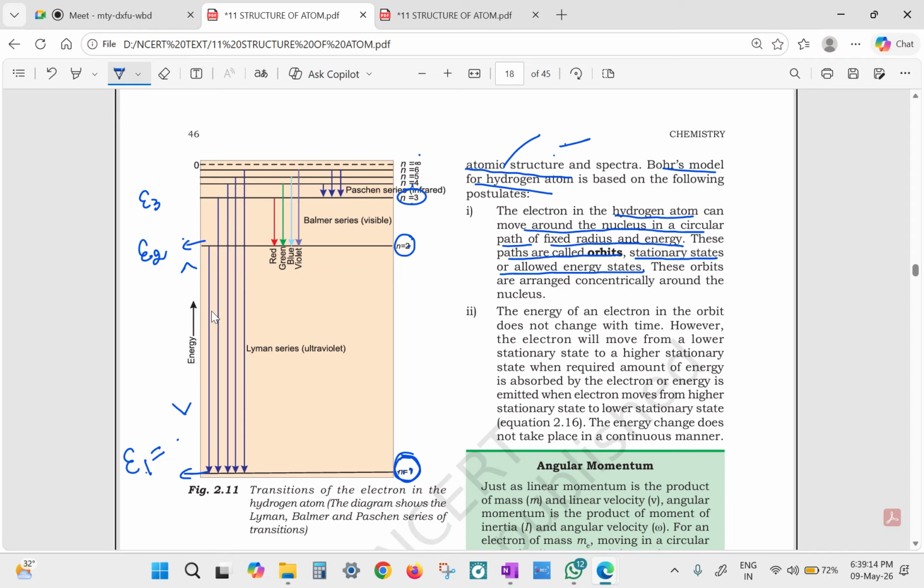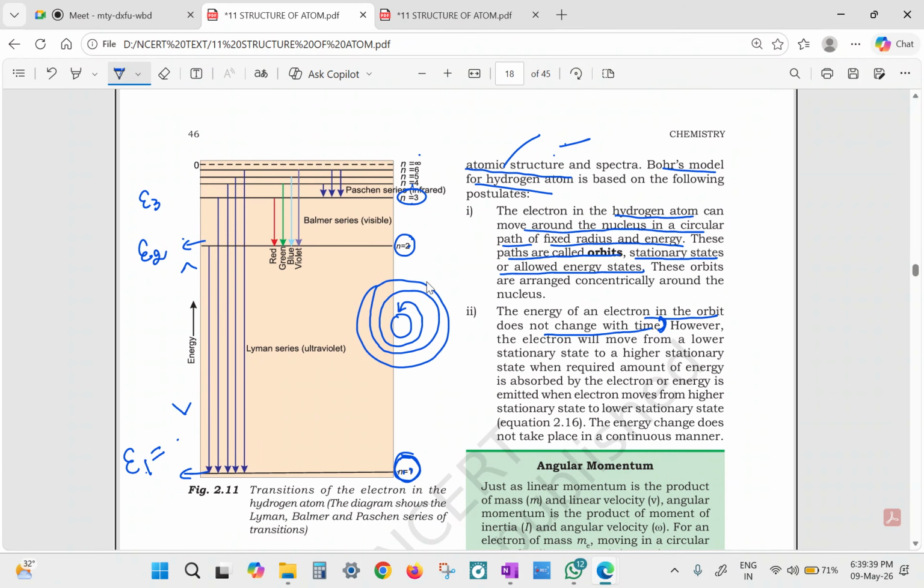Yes, ma'am. Okay. Then, the energy of an electron in an orbit does not change with time. This explains the stability, because in Rutherford's model the electron around the nucleus did not have fixed energy. Being charged and getting accelerated to maintain the circular path, at one point of time it should have hit the nucleus.